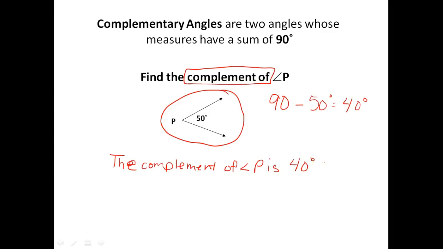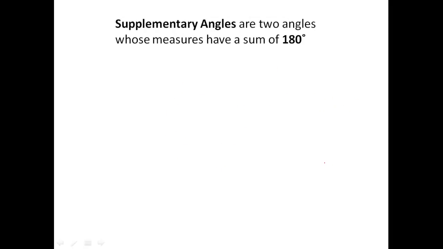All right, so then we move on to supplementary angles. Supplementary angles are two angles whose measures have a sum of 180. So again, if I have a straight line, 180, if I have a 30-degree angle, I know the supplement to 30 degrees is 150 degrees because they both add together to equal 180, okay?